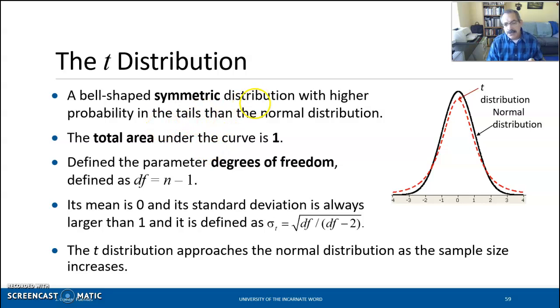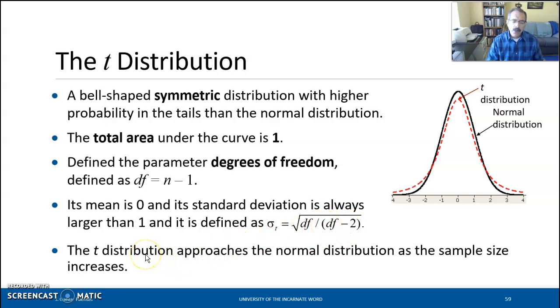Now, this tells us that there is not only one t distribution, there are many t distributions, one for each sample size. So we're dealing with many t distributions. Also, the standard deviation of the t distribution is always larger than 1 and is defined by this equation here.